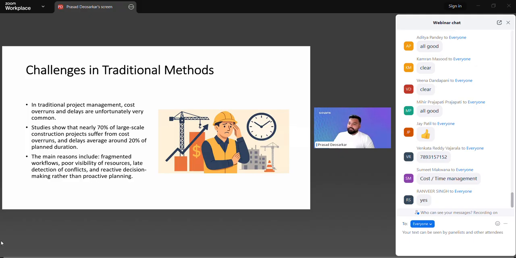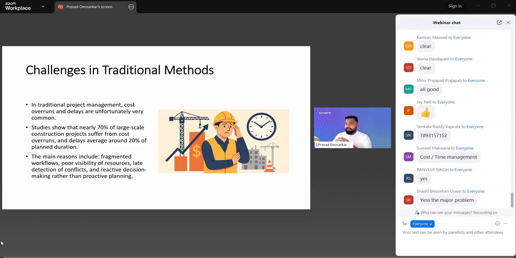Either there's no budget left by the end of the project, or you are so delayed that at the end of the day you have to cancel the contract, or move on from a project without finishing it. We all have seen such projects in our life. We all see it in our vicinity. Maybe you are a resident living in a residential bungalow, and there is construction going on beside you for years, which is still not finished.